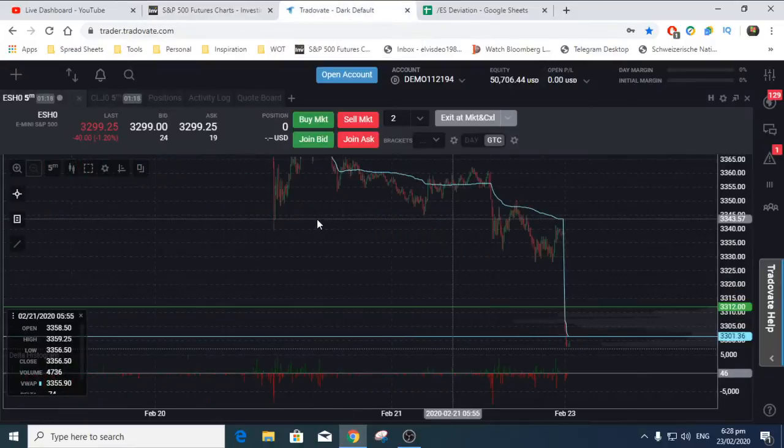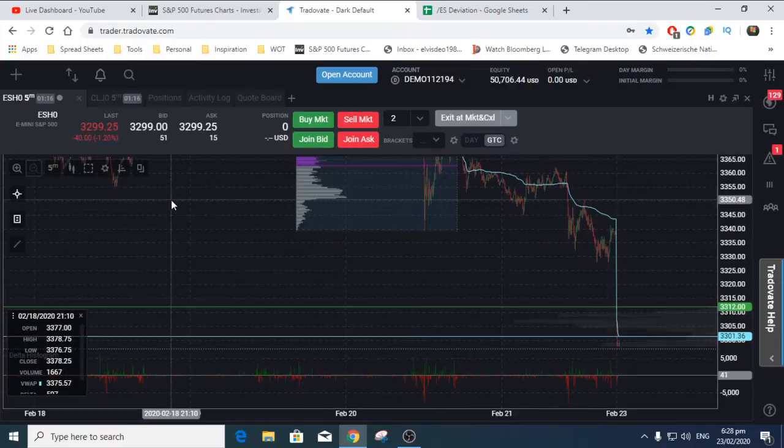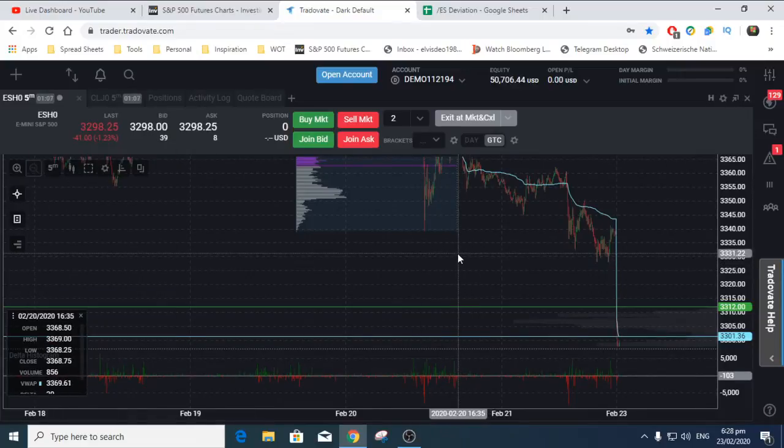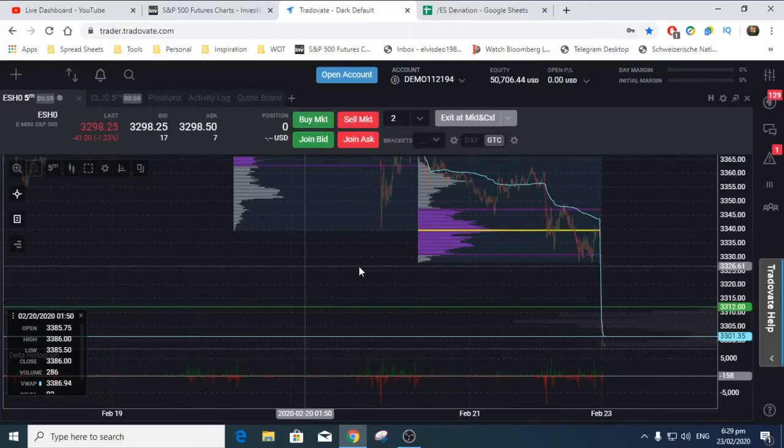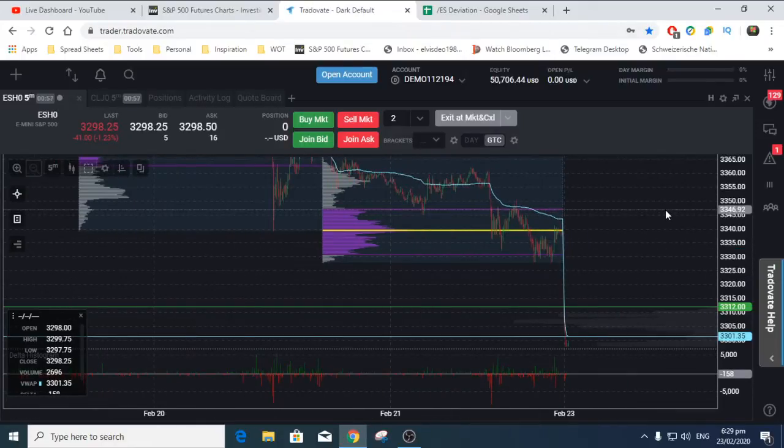We get value and volume from here. Value is 47s and 30s, 31s.